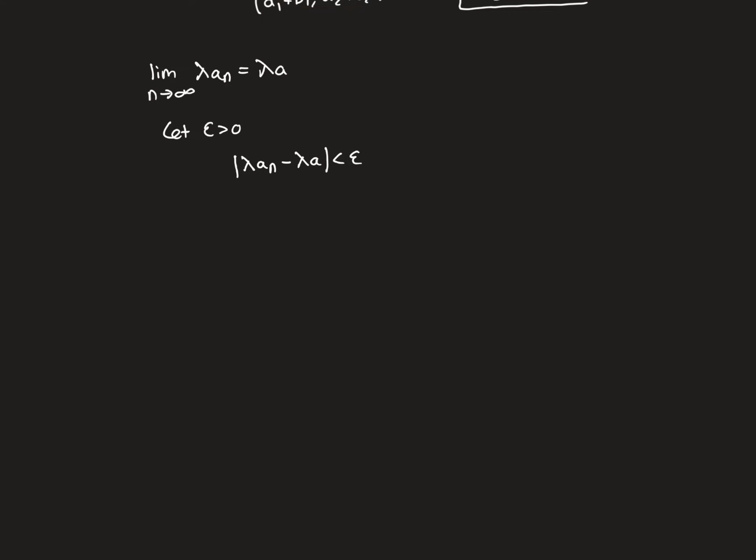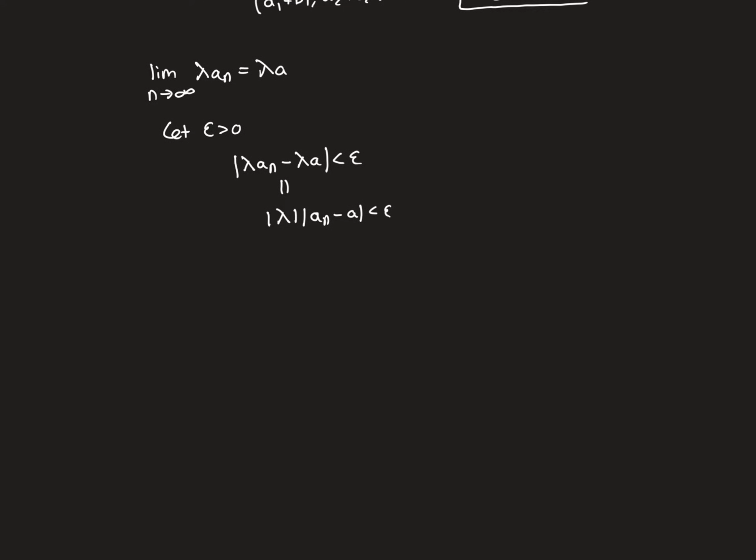And so how are we going to proceed with this? Well, we're just going to pull that lambda out of there. So by the property of the absolute value function, this is just going to be equal to the modulus of lambda times the mod of an minus a, and we need to show that we can find a big N such that that is less than epsilon.